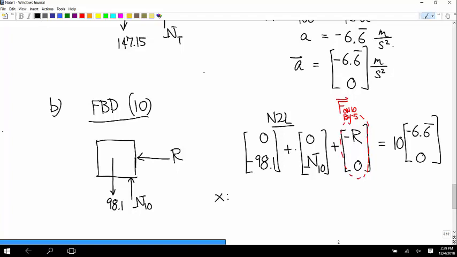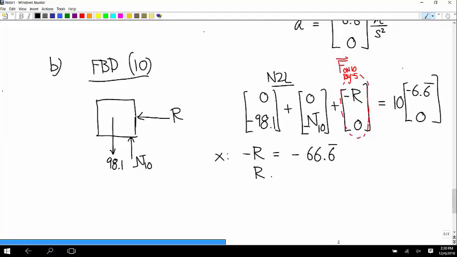And so the x equation says negative R is equal to negative 10 times 6.6 repeating, so negative 66.6 repeating. So R is equal to positive 66.6 repeating.